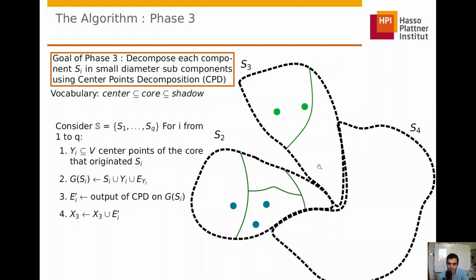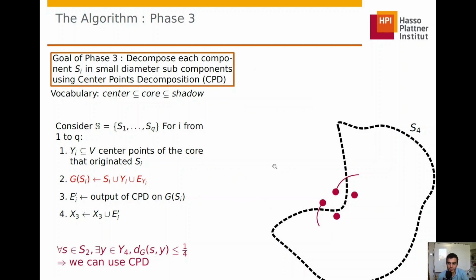So to deal with that, we are going to recreate the edges that are missing. So we get again those vertices that we lost, and we reconnect them with artificial edges that we call EYi. So here it's called EY4. It's a set of edges that reconnect this point and this point to every vertex that is in S4. And now we don't need to look at S2 and S3 anymore.